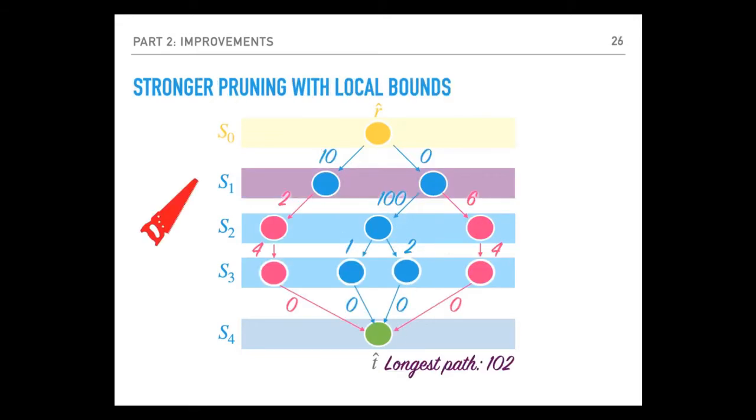The second technique that we propose is called local bound. So if you consider this example, you'll see that the longest path between the root and the sink of that MDD is 102. That means that the lower bound provided by this MDD is 102.